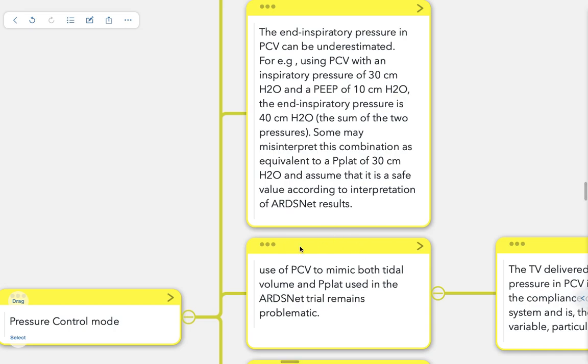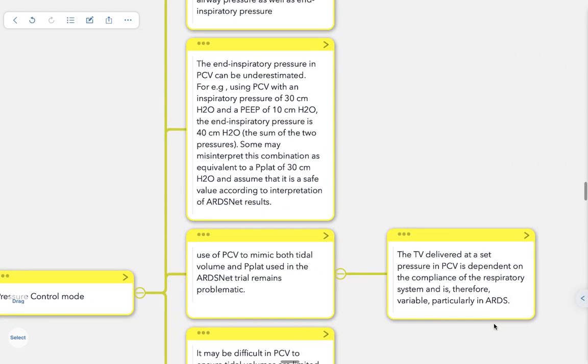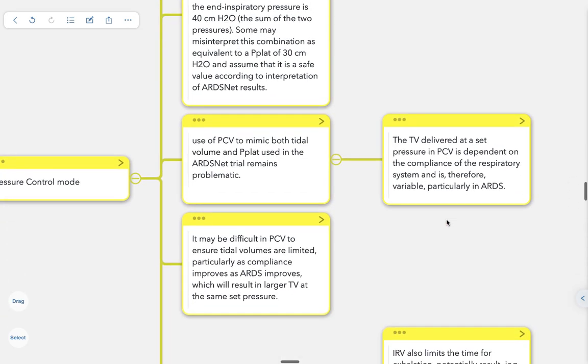Secondly, using pressure control ventilation to mimic both the tidal volume and the plateau pressure used in the ARDSNet trial remains problematic. Why? Because the tidal volume delivered at a set pressure in pressure control ventilation is dependent on the compliance of the respiratory system and is therefore variable, particularly in ARDS, because the compliance varies a lot. So even if you're giving a constant pressure, you do not know whether the tidal volume being delivered is adequate, because the compliance is changing every time.